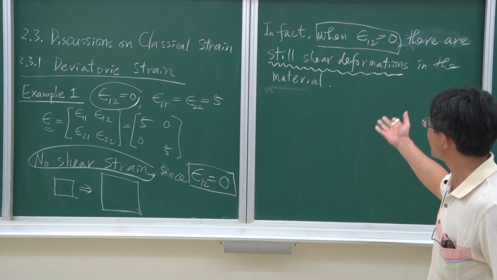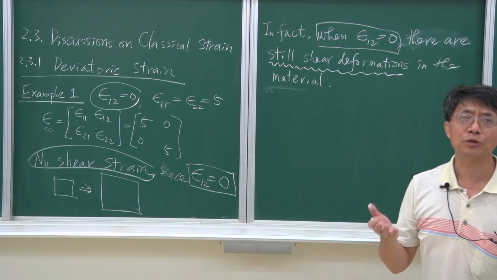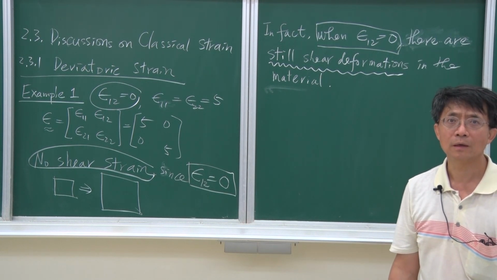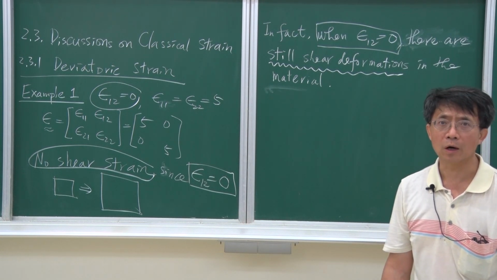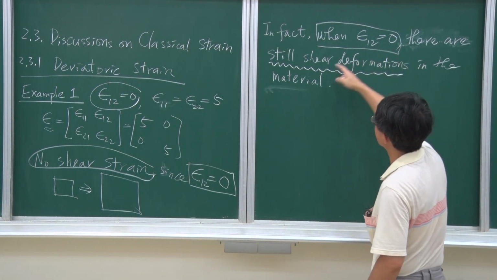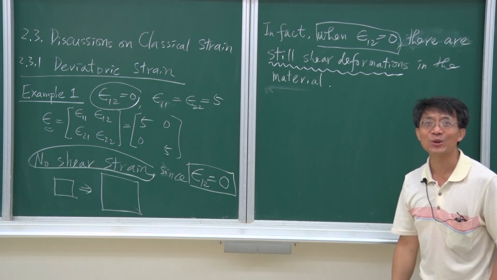So now shear strain equals 0, then the material will have no shear deformation at all. But such a concept is wrong. Because when epsilon 1,2 equals 0, there are still shear deformations. How come? Let me show you.